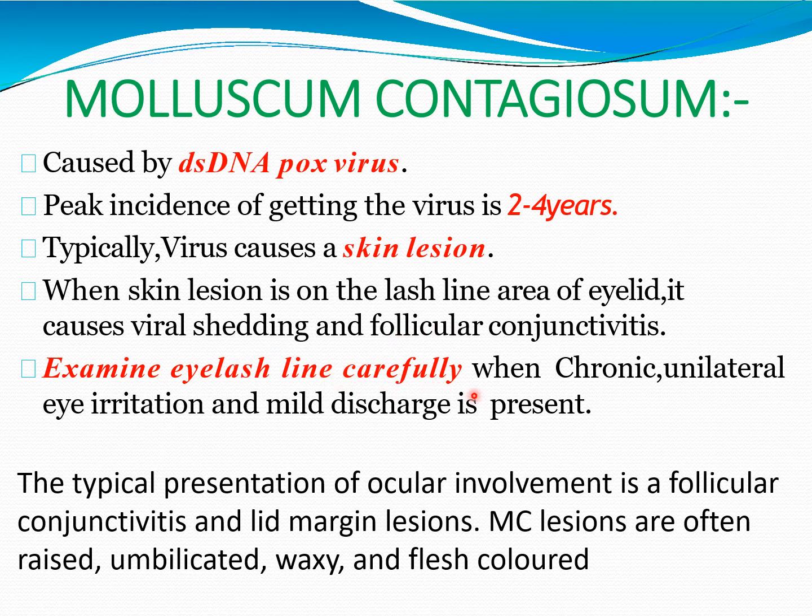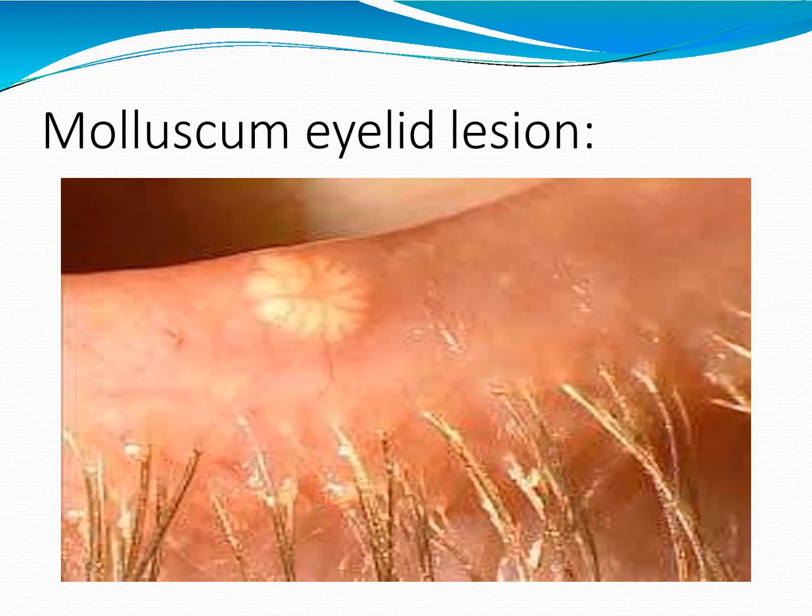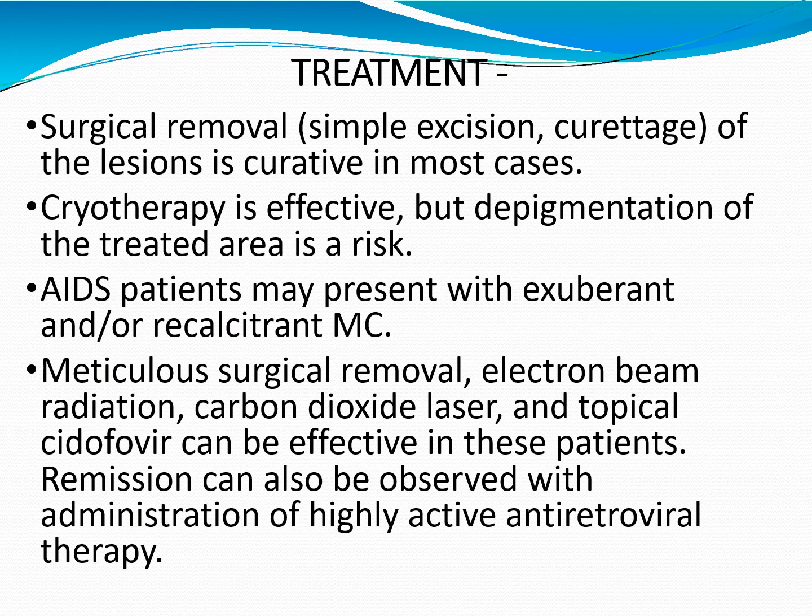We examine the eyelash line carefully when chronic or unilateral eye irritation and mild discharge are present. The typical presentation of ocular involvement is follicular conjunctivitis and lid margin lesions. These lesions are often raised, importantly umbilicated, waxy, and flesh colored. This image shows the characteristic molluscum eyelid lesion.